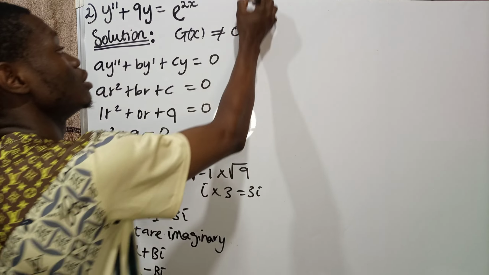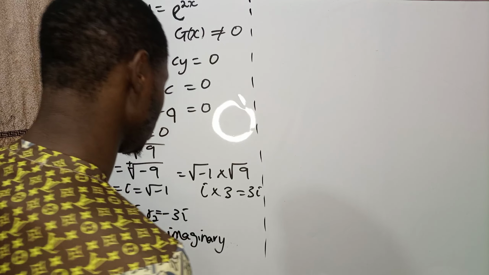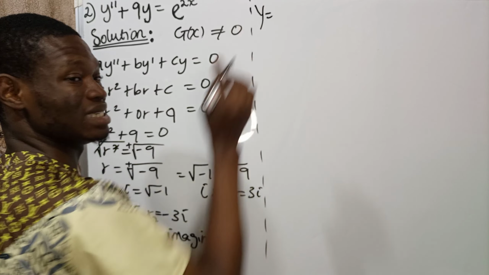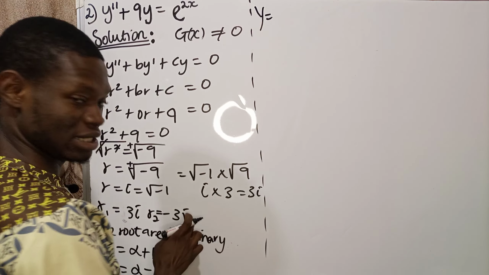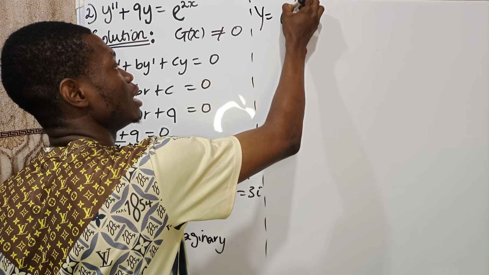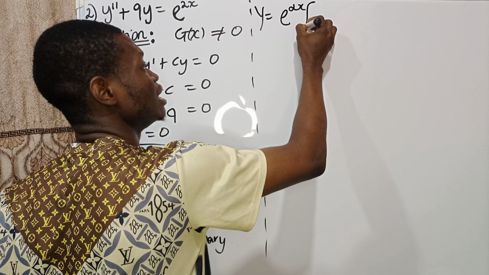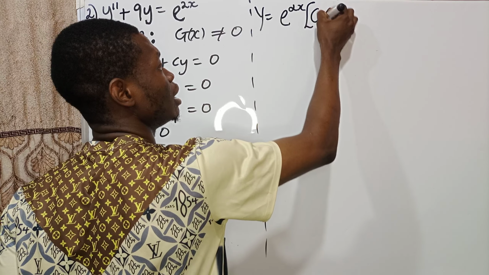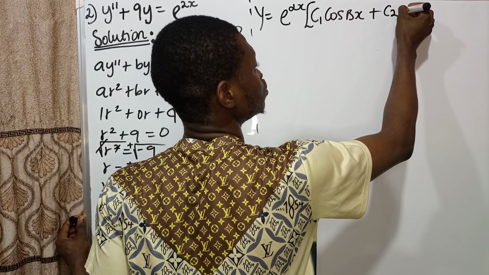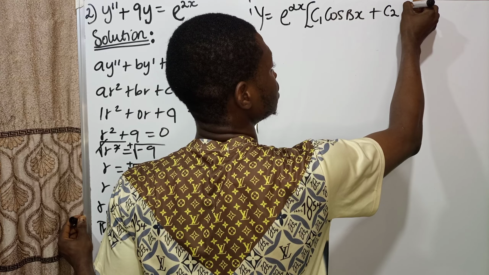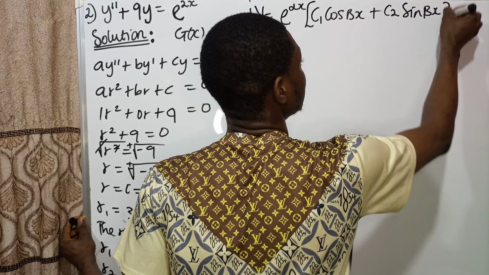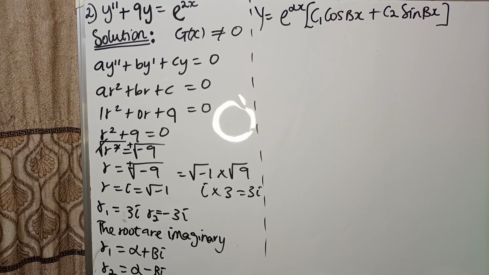So our general solution for this homogeneous equation, because the roots are imaginary, will be y = e^(alpha x) times (c1 cos beta x + c2 sin beta x). I hope you can see it from there.